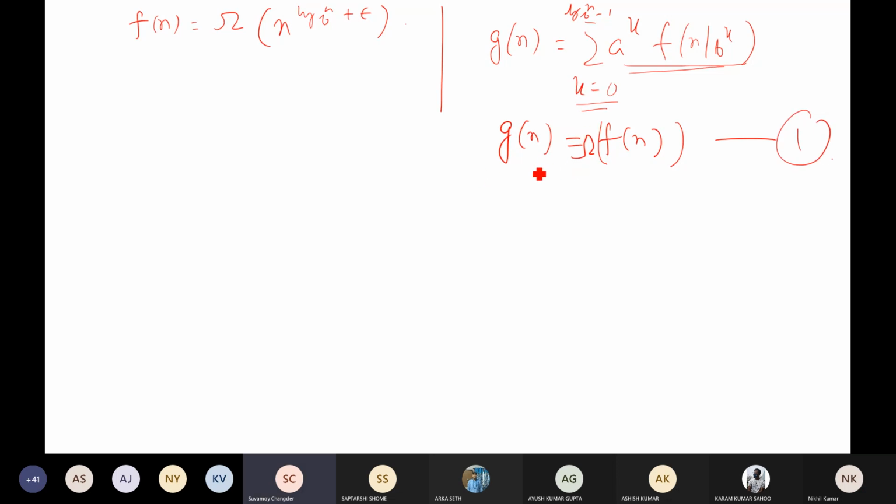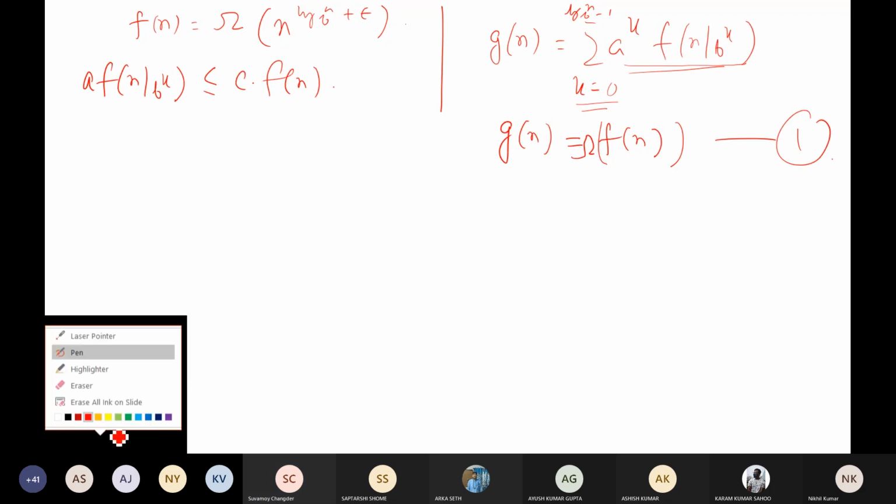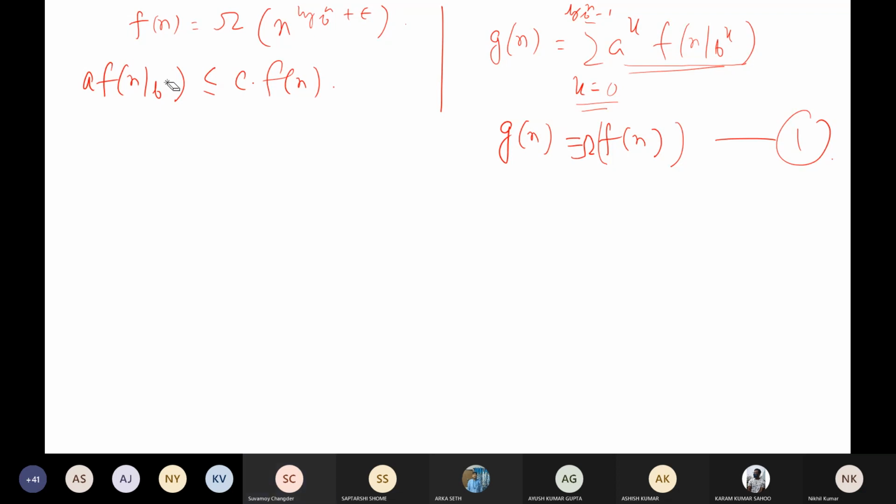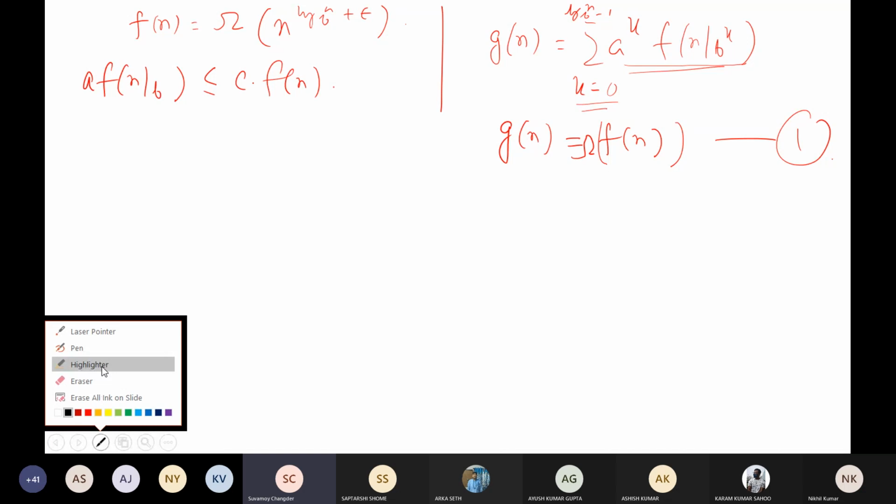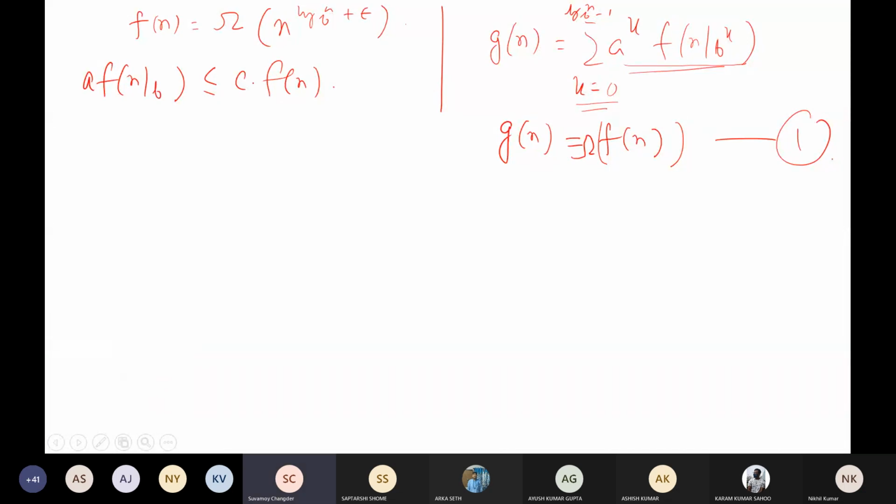Okay, so the lower bound for g of n equals this, and here another condition is given as f of n by b to the power k is less than or equal to c into f of n. Sorry, this I will write later. This condition is given. This condition is true.